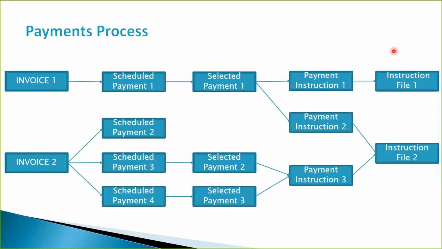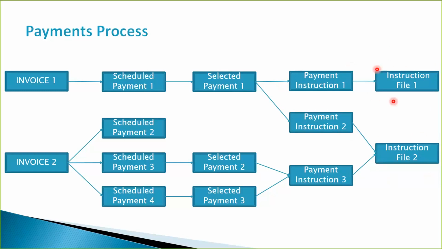You can have different instruction files. For instance, the reason we can have this payment 2 and this payment 3 going to the same instruction file is because this instruction file could be a check, while this instruction file here could be an electronic payment that has been produced.